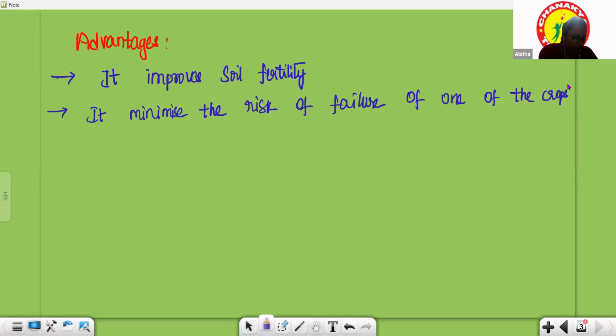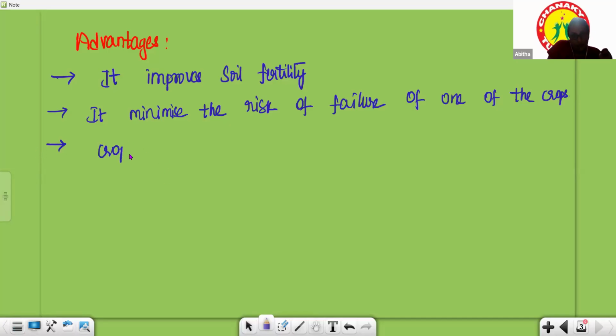You get good quality crop. And in whatever land you have, you're sowing different varieties, so it means you are using that land properly, right? And you're getting not only one variety, you're growing two or more varieties. So you can get a good yield as well as good varieties of product. So these are the advantages of mixed cropping.